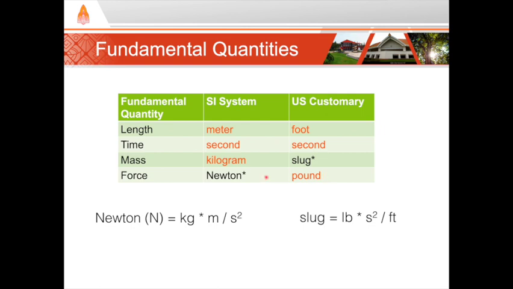And a newton is defined as a kilogram times meters per second squared, or mass times acceleration. On the other hand, a slug in the US system is defined by dividing a pound by acceleration, or pound times seconds squared divided by feet. We will not use the US system too much in this course.